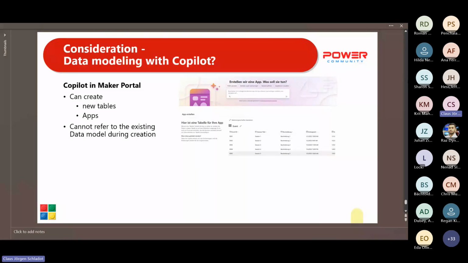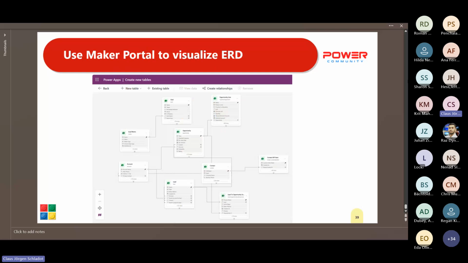On the other hand, there's now an option in preview that allows you to add existing tables to the outcome of your Copilot table view. With this option, you can very easily build an entity relationship diagram directly in the Maker portal to visualize the relationships between tables. This is currently in preview, and it is an enhancement.